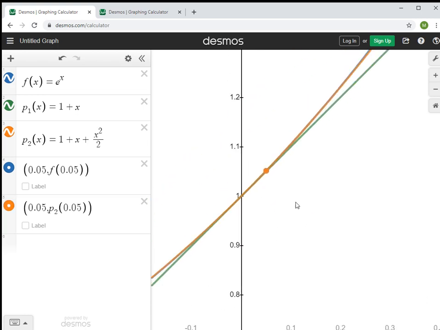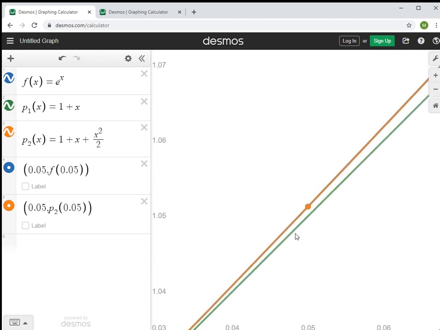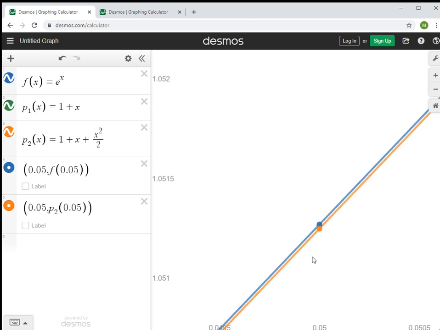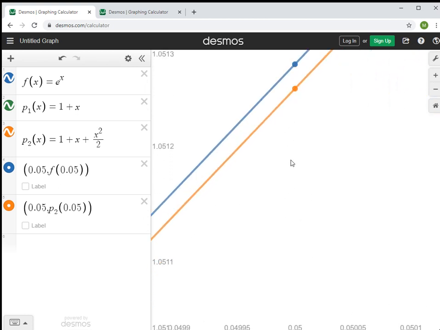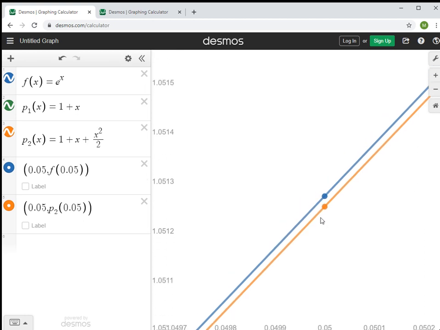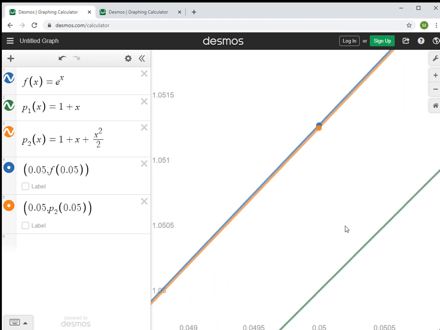From that starting view you can't even decipher them, but if I start to zoom in, you can see there is a little gap, but looking at the scale, that gap is quite small. So it's giving us quite a good approximation. And again, look at the difference between the orange parabola and the line on this view here. You can see there's a considerable gap, at least relatively speaking on the scale.